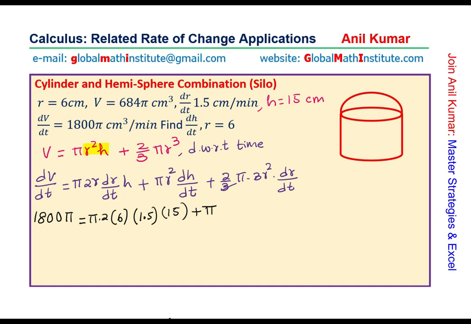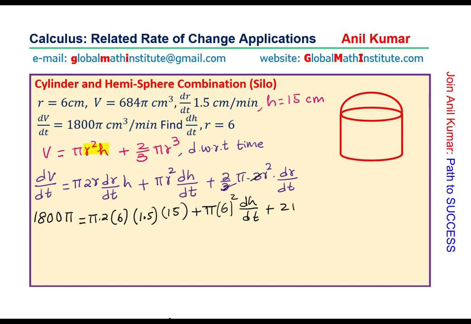Pi r square is 6 square, dh/dt we want to find, plus 2 times 3. 3 cancels, right? 2 by 3 pi r cube, 3 r square. So we get 2 pi 6 square times 1.5 for dr/dt. Correct. Now let's cancel pi's, right? We could have done it earlier also.